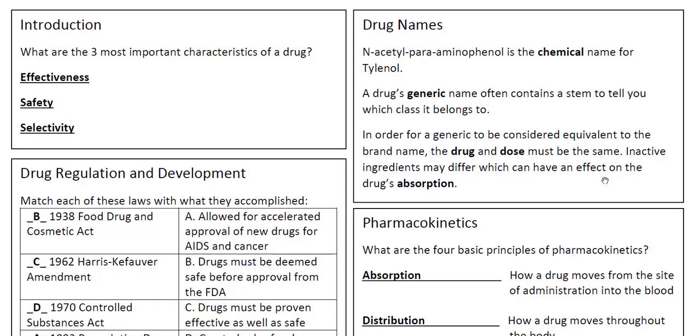In order for a generic to be considered equivalent to the brand name, the drug and dose must be exactly the same. However, inactive ingredients may differ, which can have an effect on the drug's absorption. For some medications, this little difference can have a big effect.